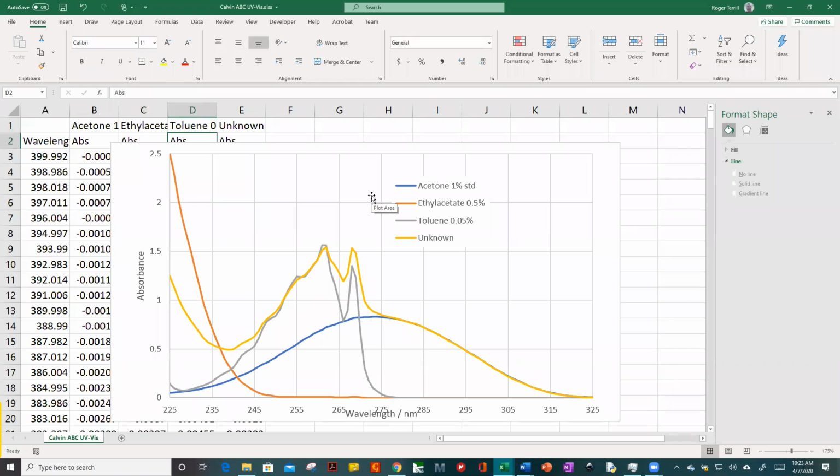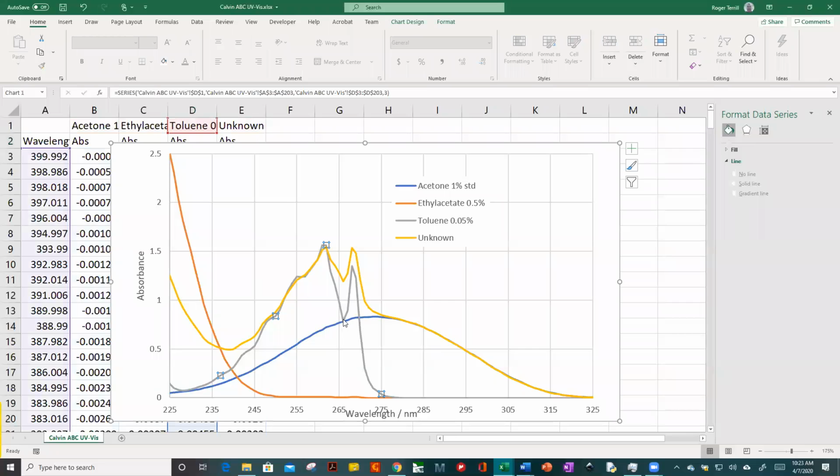So if this blue spectrum here, if this standard were not 1%, but it were actually 2%, what would its absorbance spectrum look like? It's going to be higher. Absolutely correct.